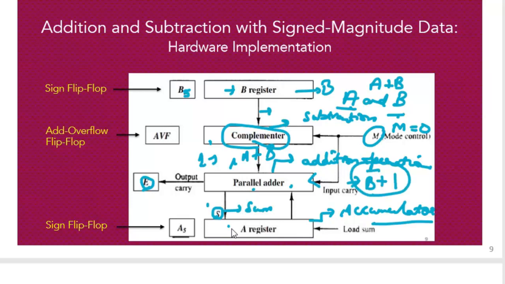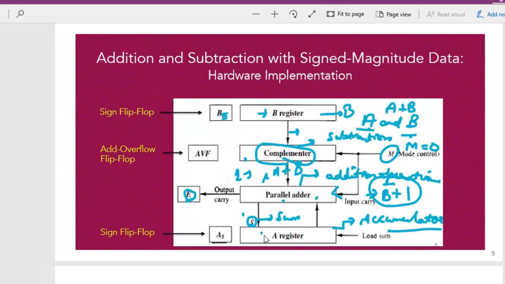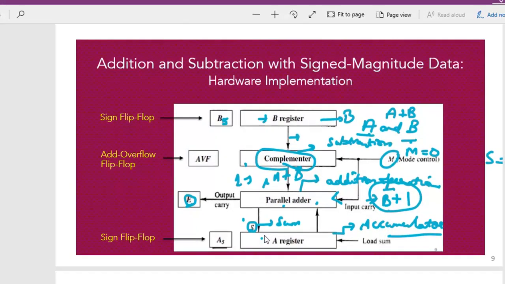Then the 2's complement operation will be performed, and the output will be S equals A plus B complement plus 1. That means the operation is A minus B.